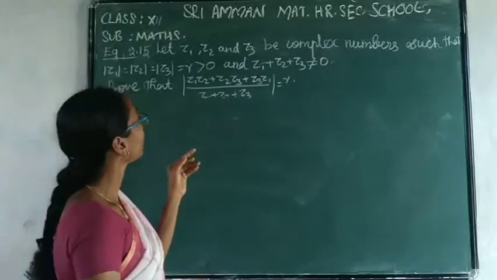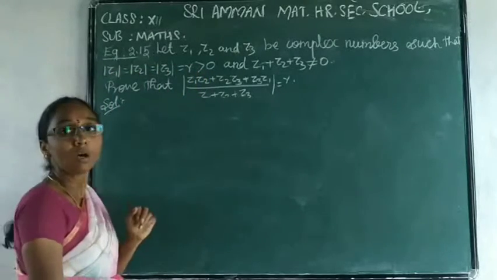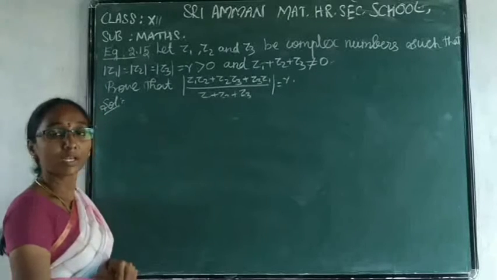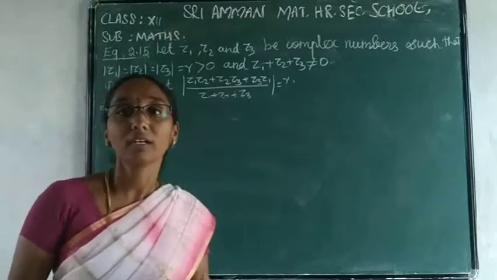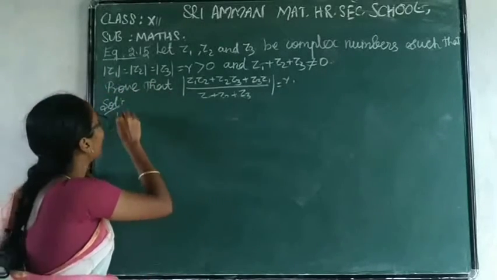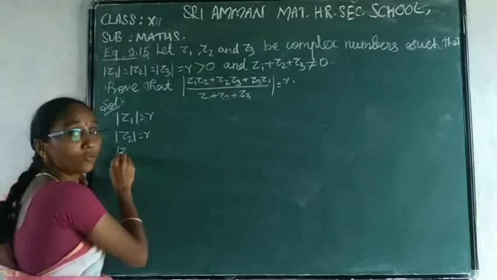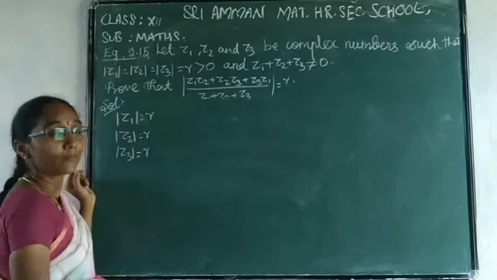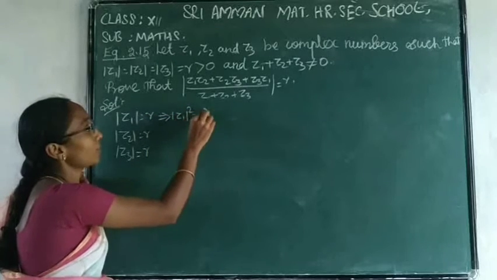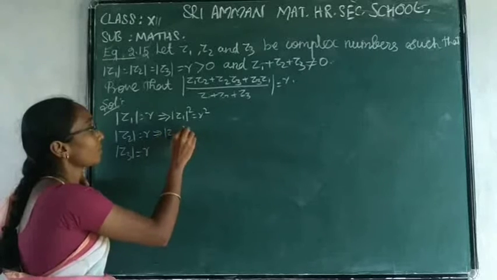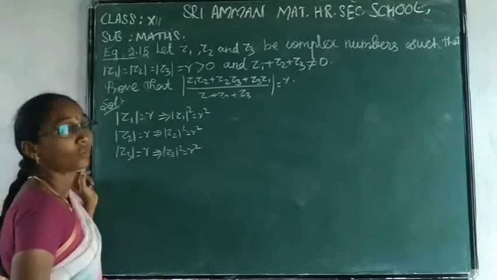Next, you consider first of all modulus of z1 equal to r, modulus of z2 equal to r, modulus of z3 equal to r. Squaring both sides, modulus of z1 square equal to r square, modulus of z2 square equal to r square, modulus of z3 square equal to r square.